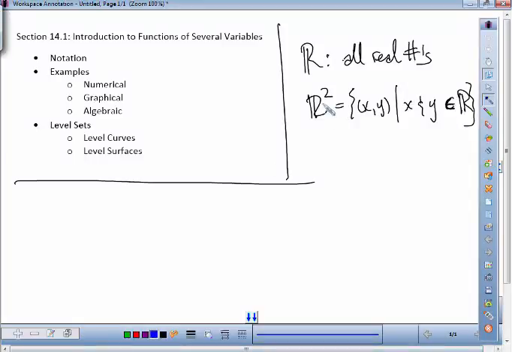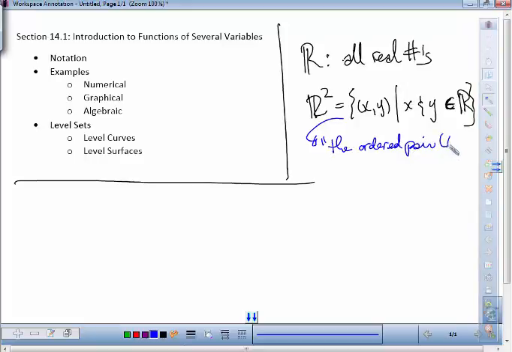Yeah, so let's say it in words. The ordered pair (x, y) such that x and y are real numbers.